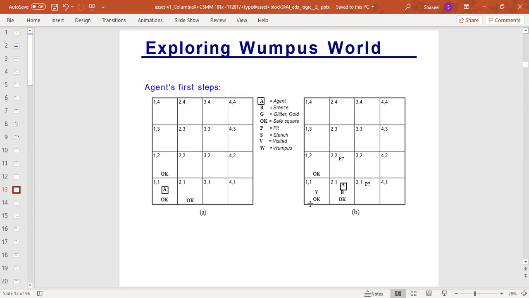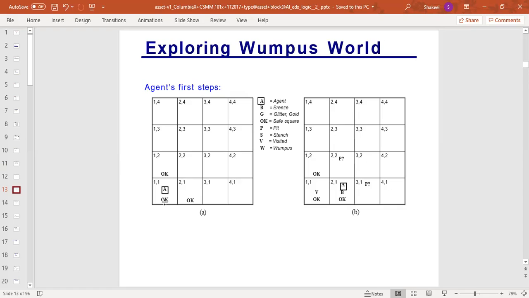But also, by looking into these rooms, it says that there is no breeze or no Wumpus around.